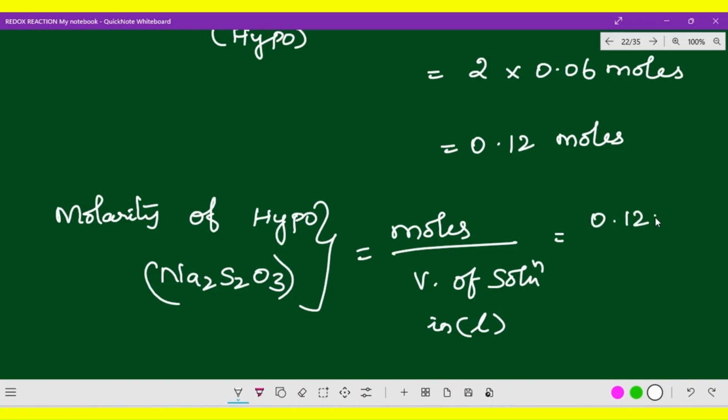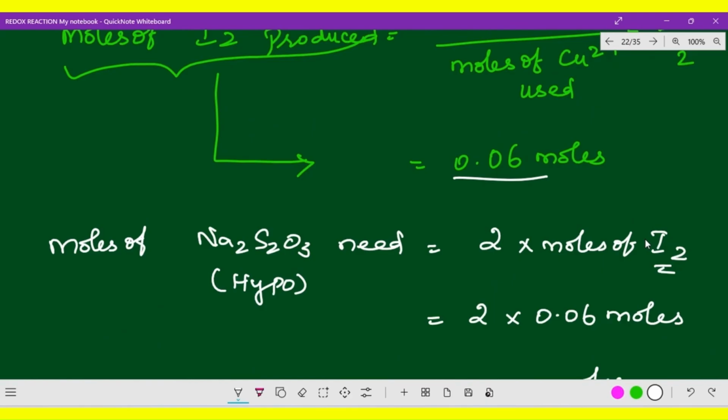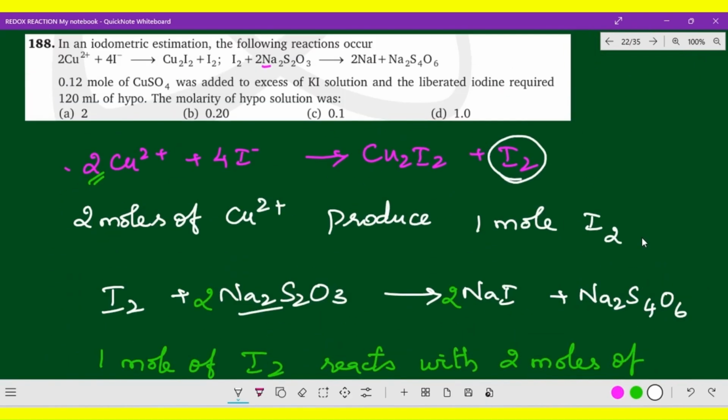So 0.12 moles divided by 0.120 liter. Here they have mentioned mL, so we converted mL into liter, because molarity is the number of moles of solute divided by volume of solution in liters. I hope you got that idea.